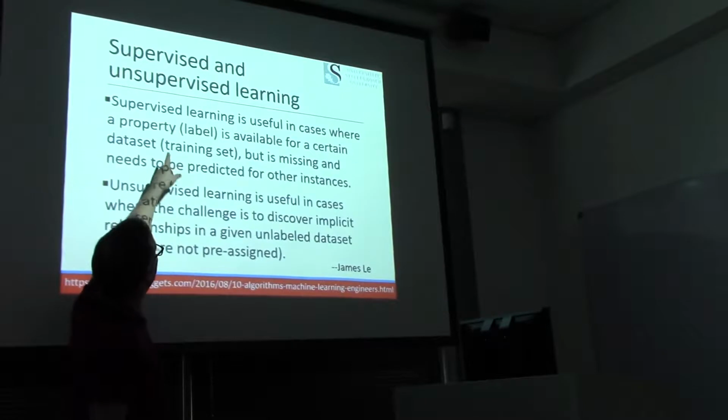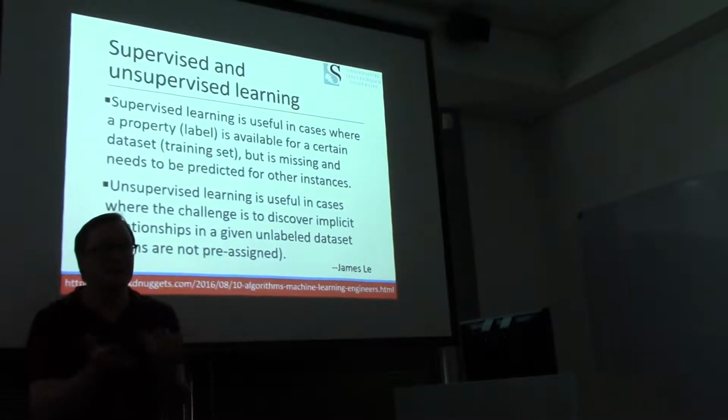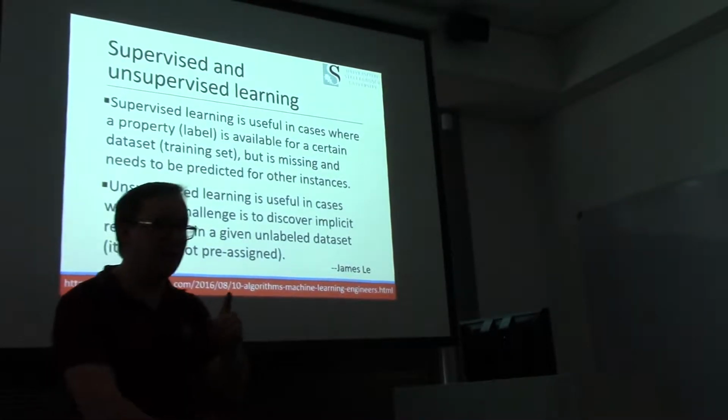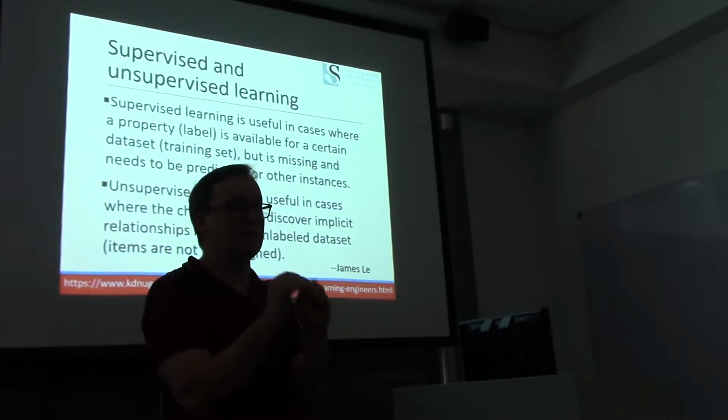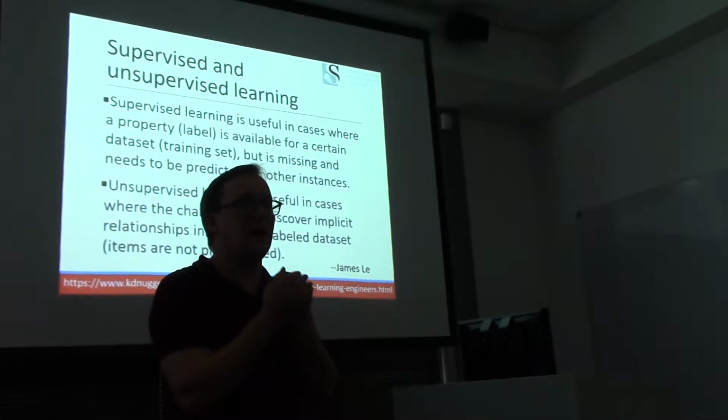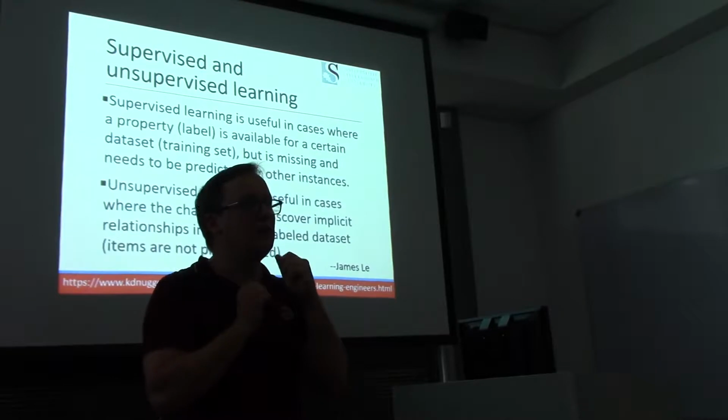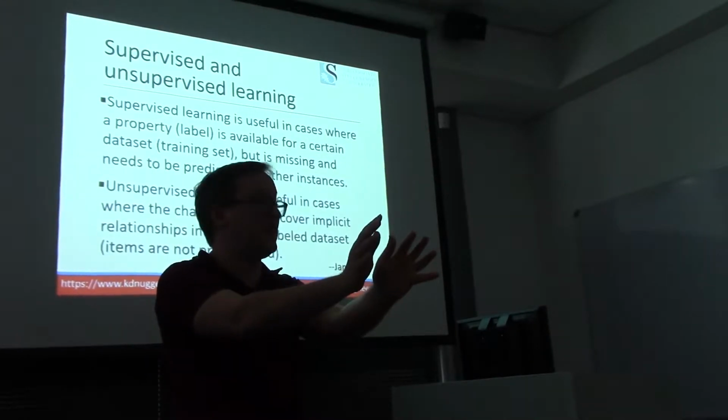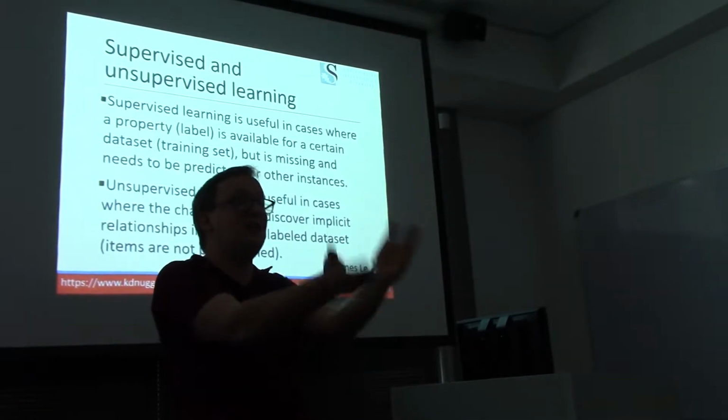So in this case, we have labels for this training set. But ultimately, the application of this learned classifier is that we can go to somebody we don't know the status of. We don't know if this person has TB or not.